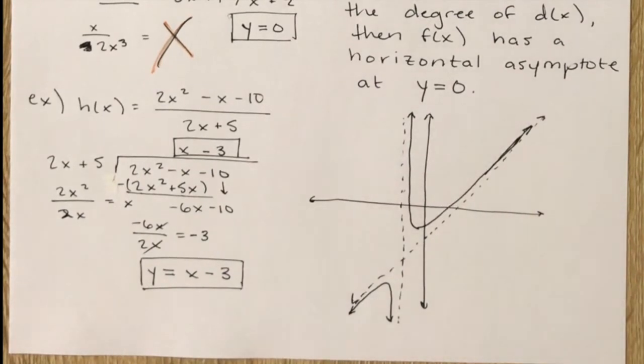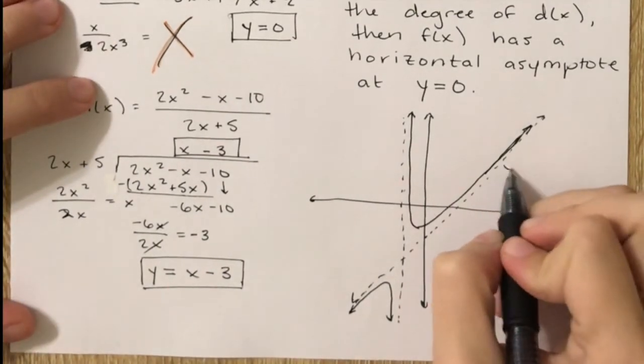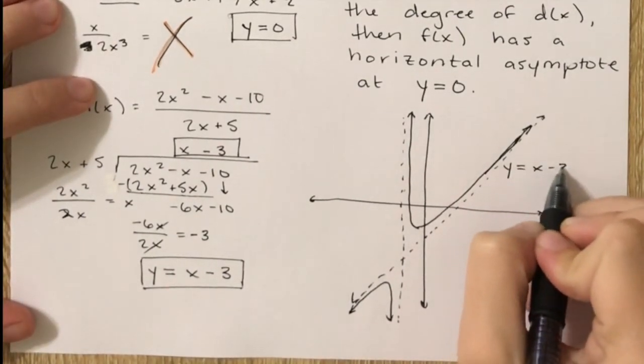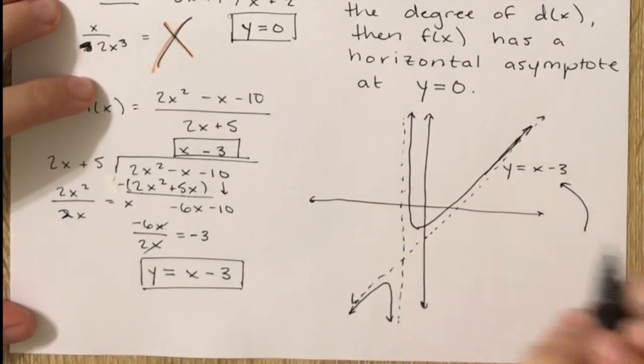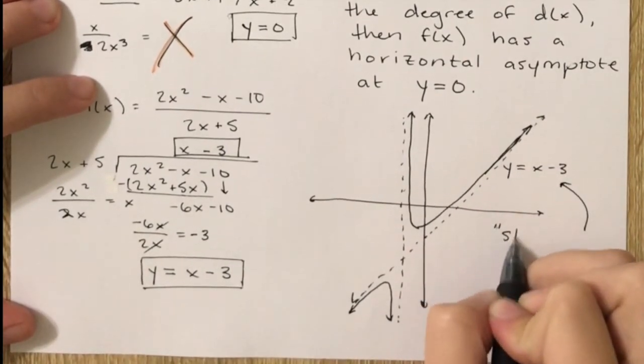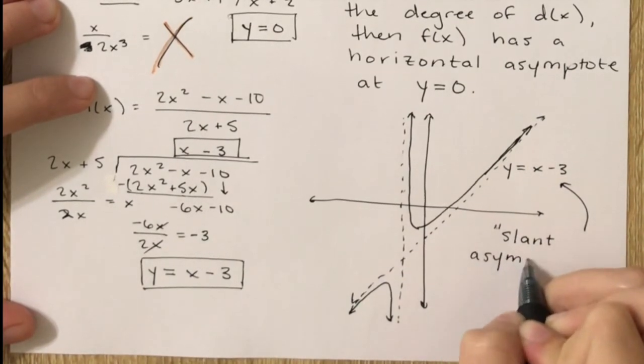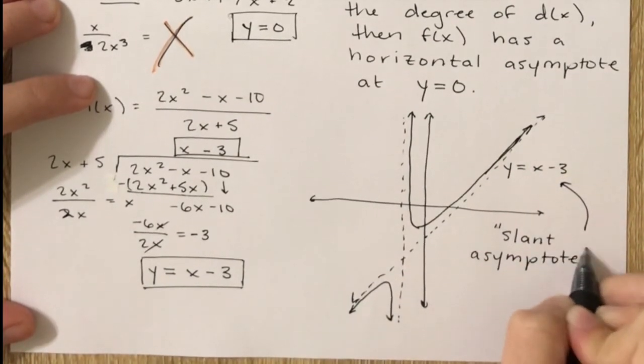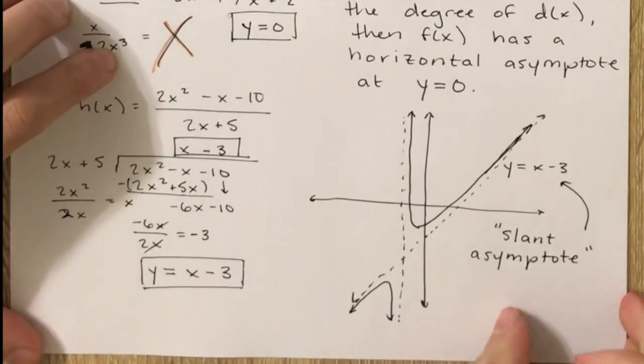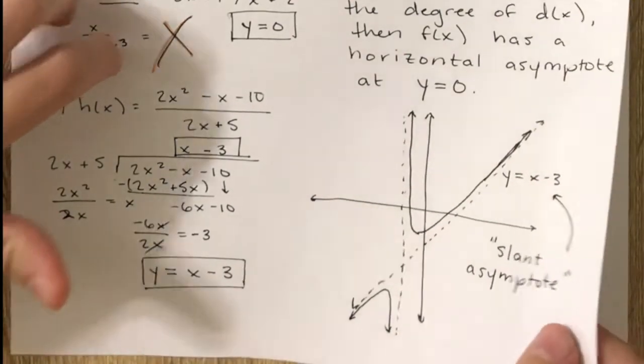So this line, y equals x minus 3, is what we're going to call a slant asymptote. Let's do a quick definition of that in our notes.